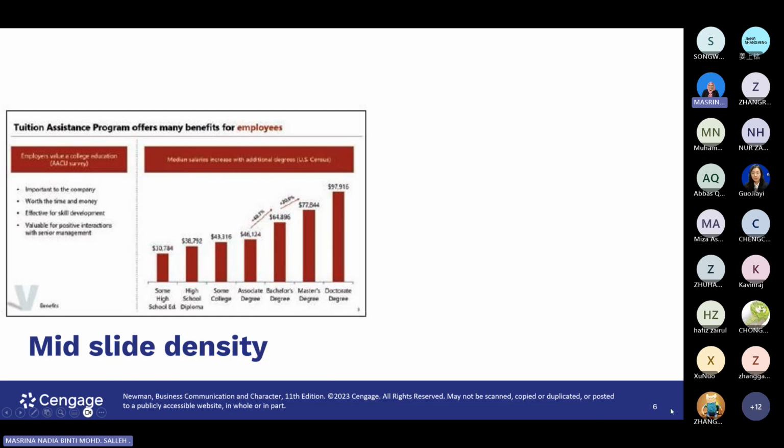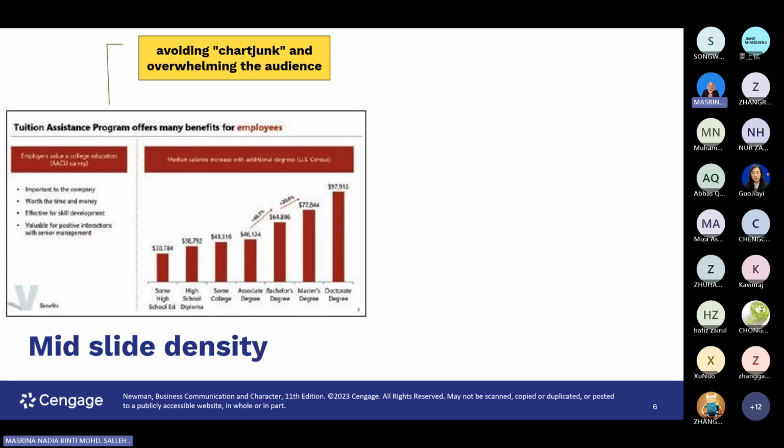The purpose of this design is to avoid chart junk and to avoid overwhelming the audience.